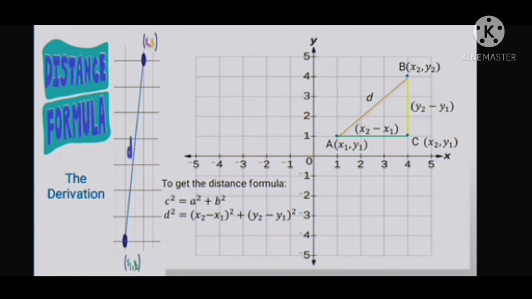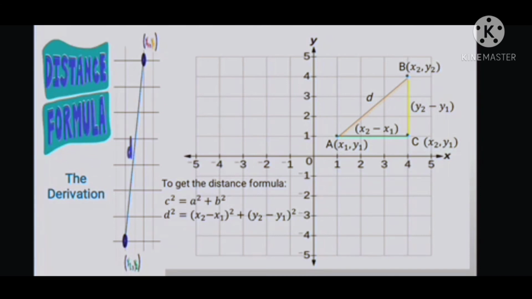Substitute, then squared, plus our b is y sub 2 minus y sub 1. Substitute here. We have y sub 2 minus y sub 1 squared. Okay, so we already substituted the length of our legs. So we now have d squared is equal to x sub 2 minus x sub 1 squared plus y sub 2 minus y sub 1 squared.